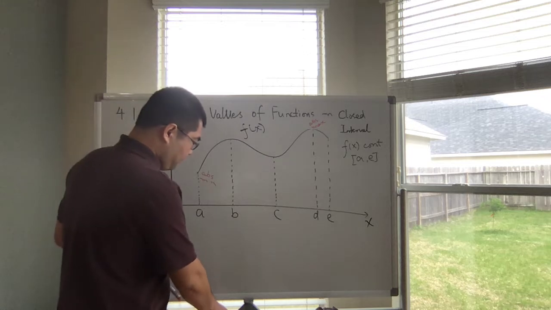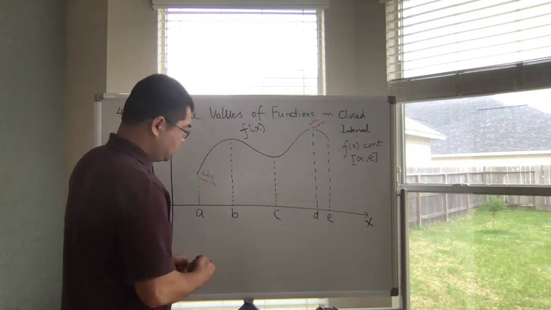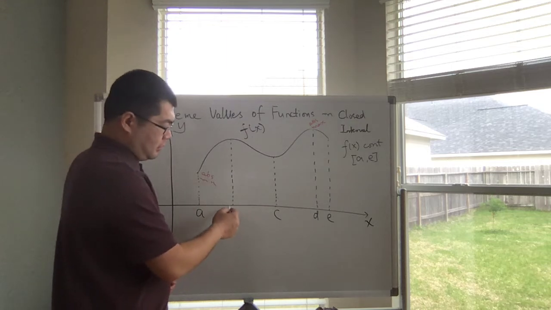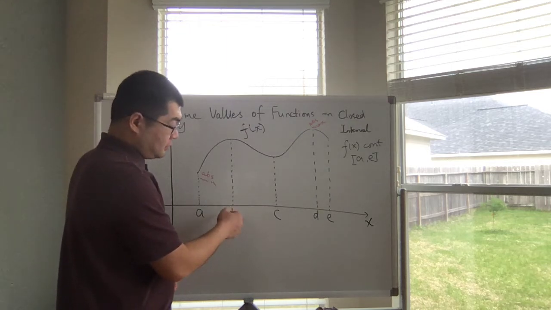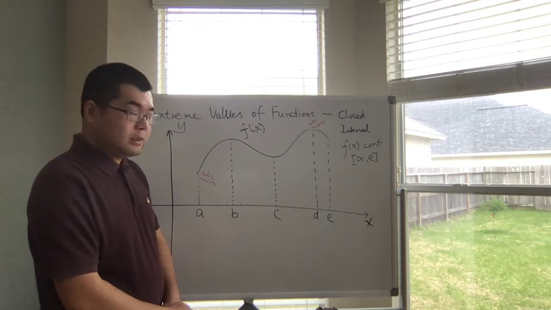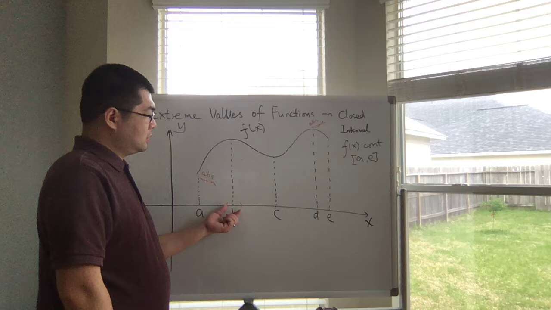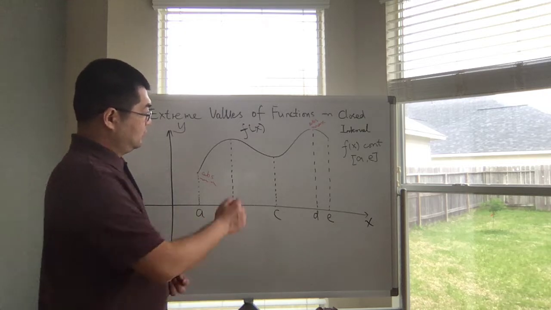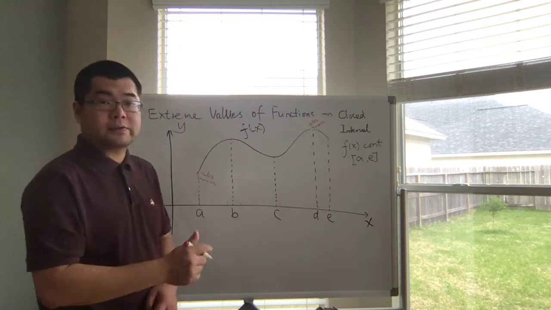However, if we give an interval around b that includes b, do you agree that inside this interval, f of b is the largest one?